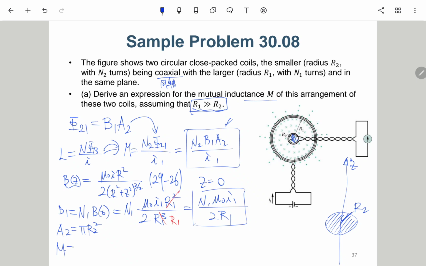So M is N2 over I1, times B1, which is N1 mu 0 I1 over 2R1, and finally times A2, which is pi R2 squared.